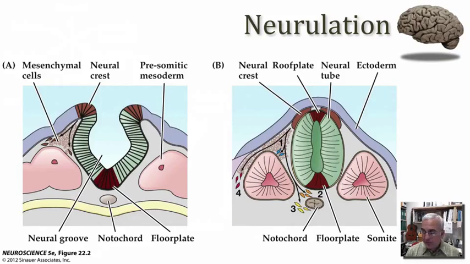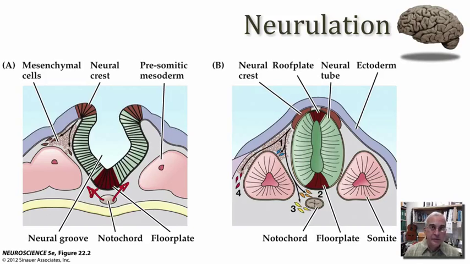So if we back up just a little bit in neurulation, over here to the left we have the folds of the neural plate beginning to come together to form the neural tube, and the notochord is giving rise to these chemical signals that are inducing these morphogenic events in this overlying neural plate.